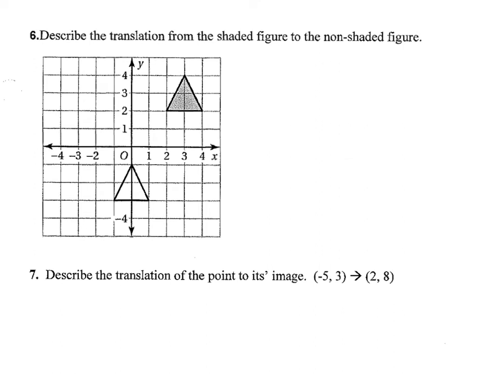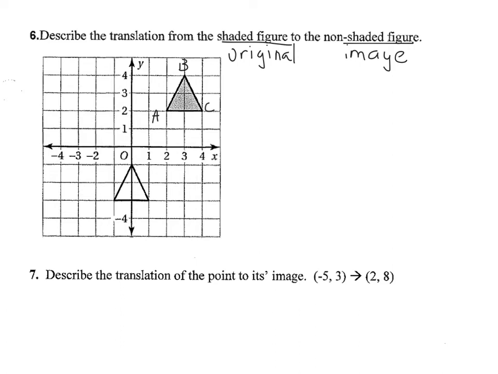Now we are going to take a look at how to describe the translation from a shaded figure, which in this example is my original figure, to the non-shaded figure, which in this example is my image. The first thing that I want to do is label the vertices on the original figure. So I'm going to do A, B, C. Make sure you label them the same on yours.